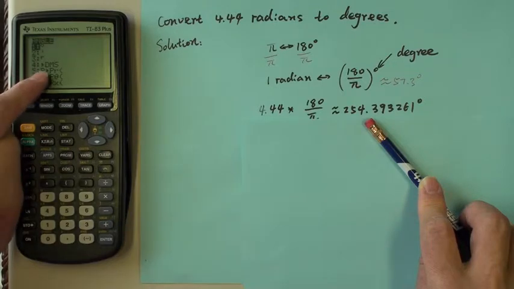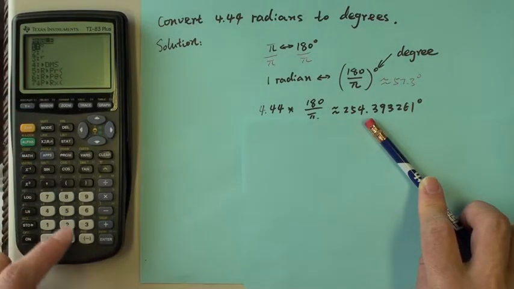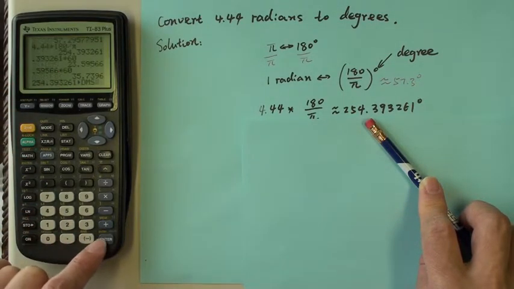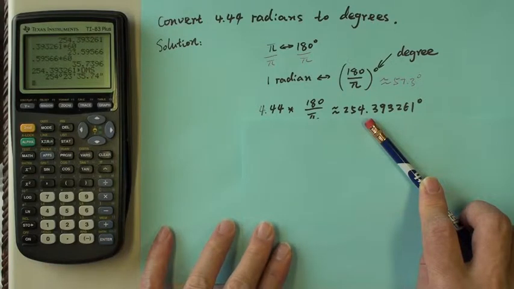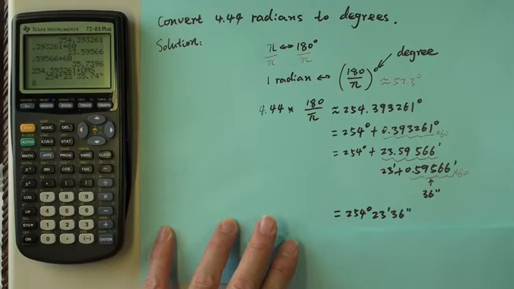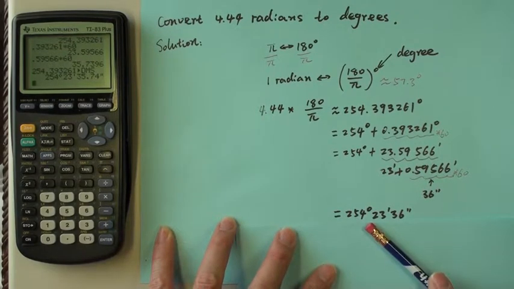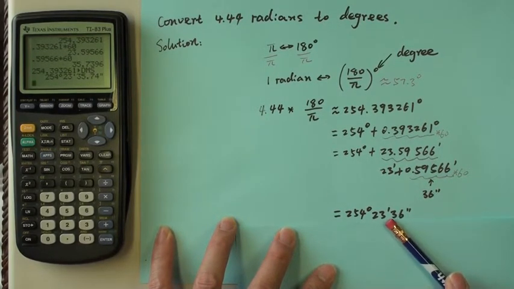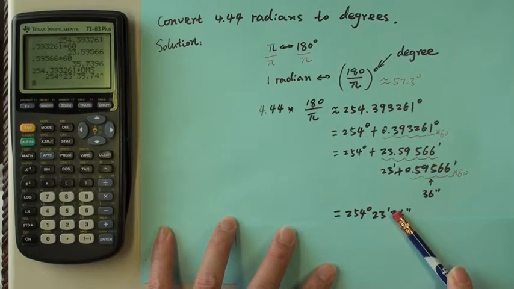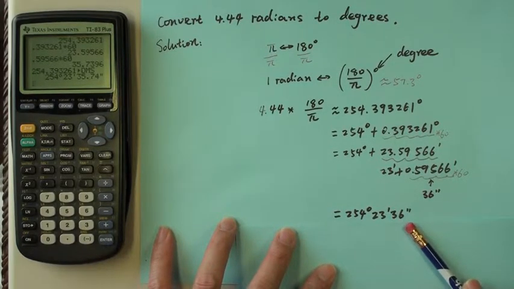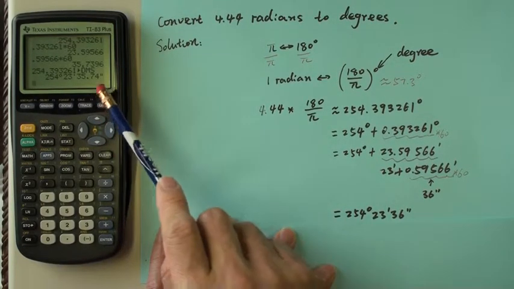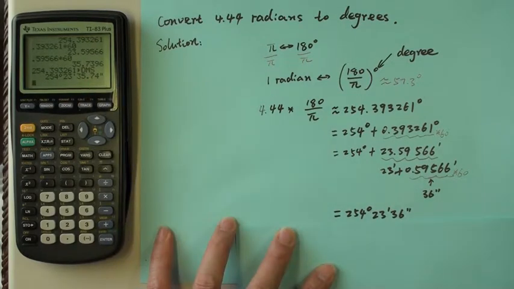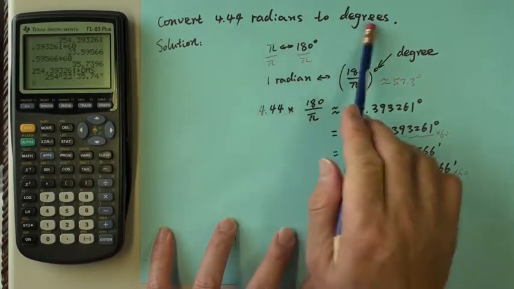Number 4 is degree, minute, seconds. So you hit 4, you hit enter. Then it will give you 254 degrees 23 minutes 36 seconds because you round 7 up. Okay, yeah. So that's the solution for this one.